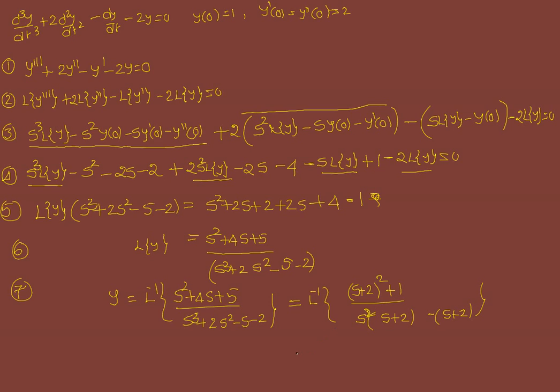So that is nothing but L inverse of s plus 2 whole square plus 1 by s plus 2 into s square minus 1. Therefore if you do the simplification, s plus 2 whole square by s plus 2 into so and so.